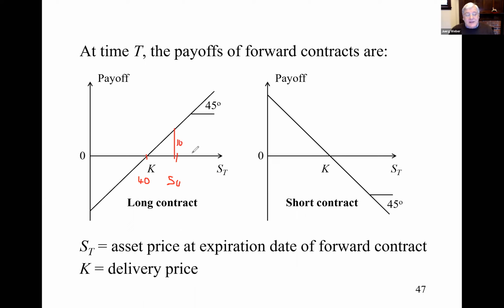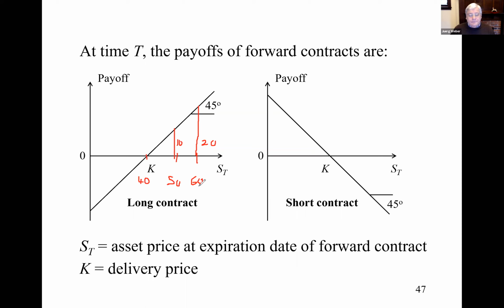And if in 90 days the price of oil is even better, if it's $60, that's even better for you. Now you have a positive payoff of 20, because you have locked in the price of 40. So now in 90 days you will pay 40, even if the price of oil is then 60.